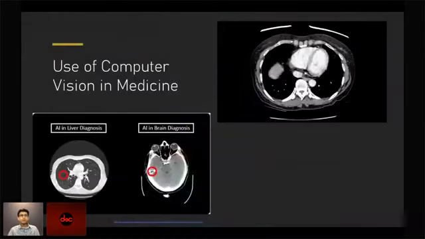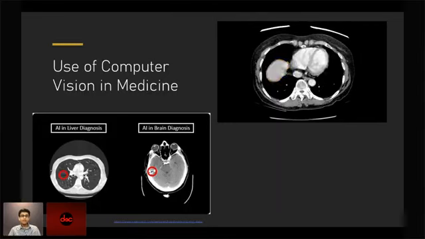There are a couple other examples of computer vision in the medical field. On the left here, we have the liver scans and then brain scans. We can see computer vision being used to identify liver lesions on the very left side. And on the brain scan, there are other objects that the computer vision model is designed to identify.